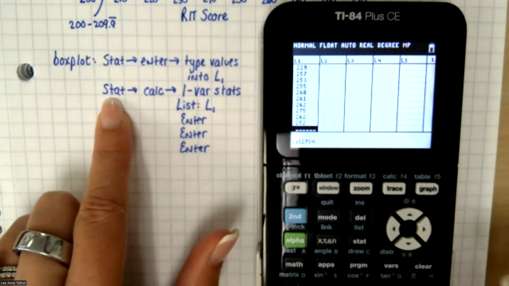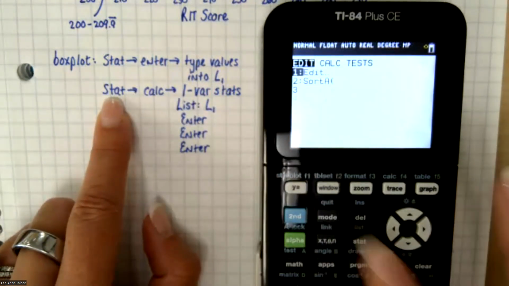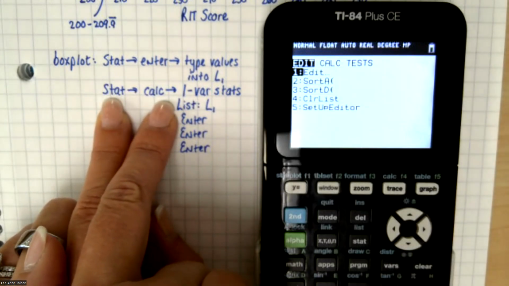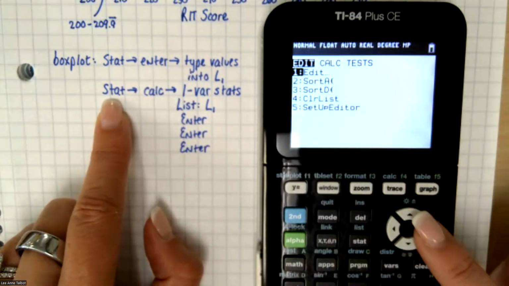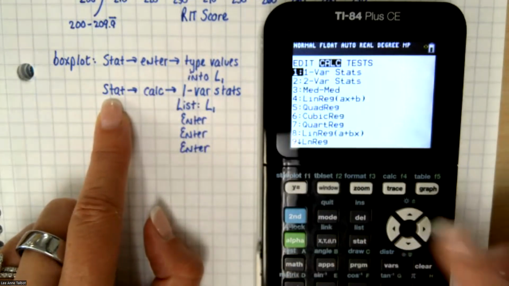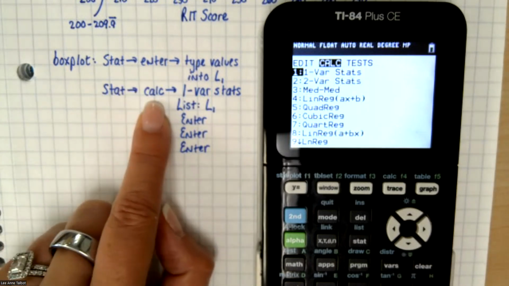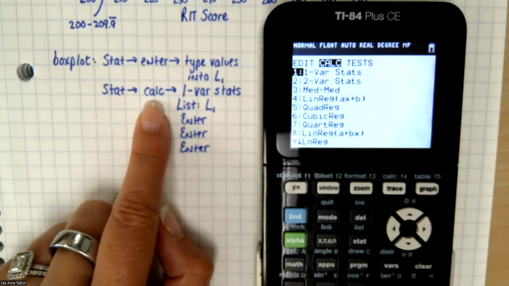Now, we did this, we did stat, enter, type values into L1. Now we're here, stat. Okay, now you see how this says calc? There's no calc button. This means scroll over to where it says calc. So you have to use the right arrow over to calc. So stat, arrow over to calc, one variable stats. That's what that stands for, by the way, one variable stats.